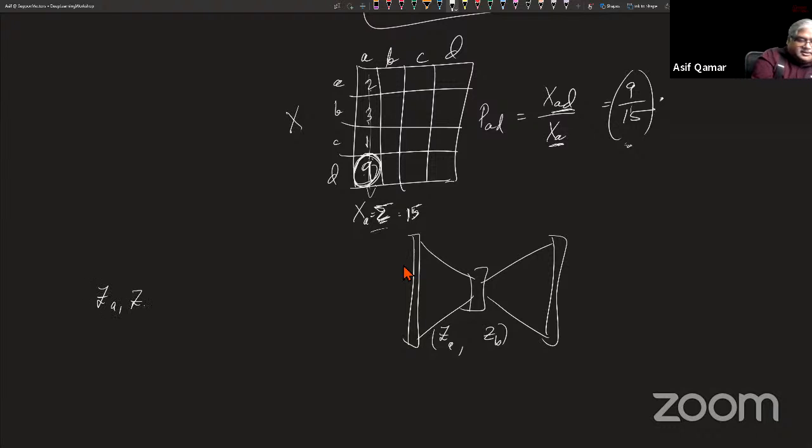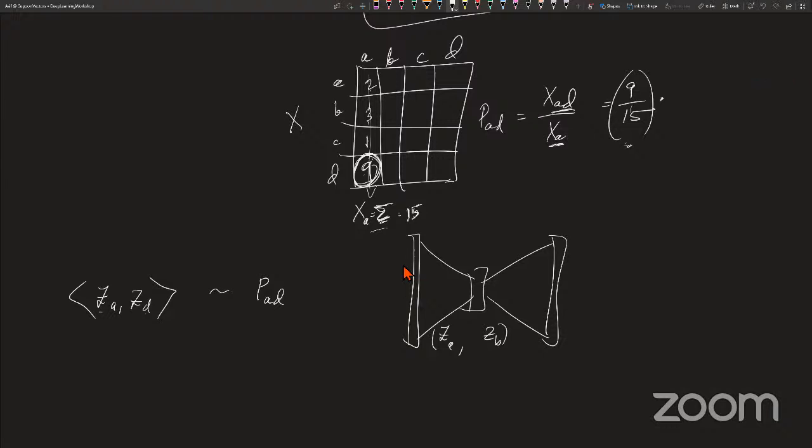We want the dot product Z_A Z_B, or in this particular case, Z_A Z_D. We want it to be somehow dependent on how close these two words are. It should somehow be related to the probability of their co-occurring. Would you agree with this, guys? Yes, sir. Right.